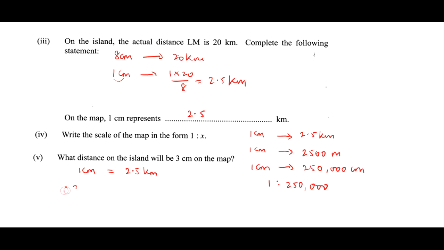Therefore 3 cm will be 3 multiplied by 2.5 over 1, which will give us, work that out, so 3 multiplied by 2.5, that'll be 7.5 kilometers.